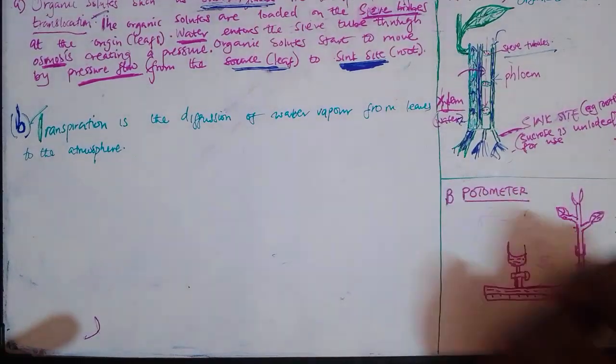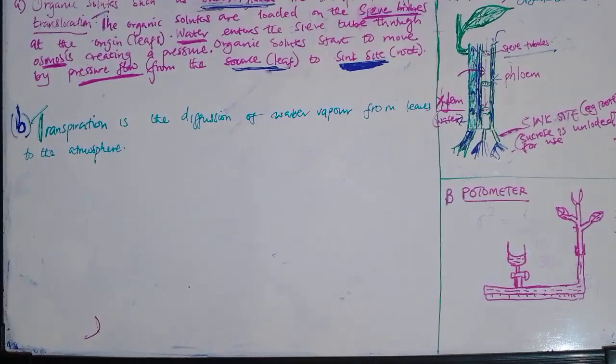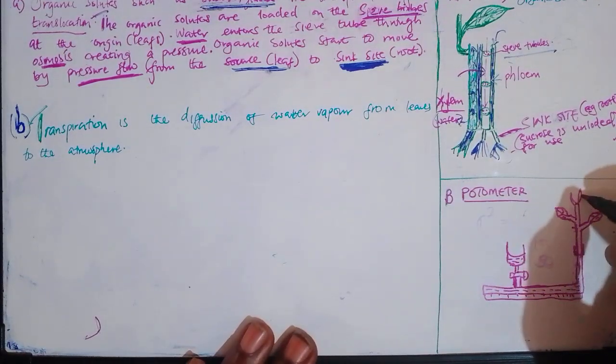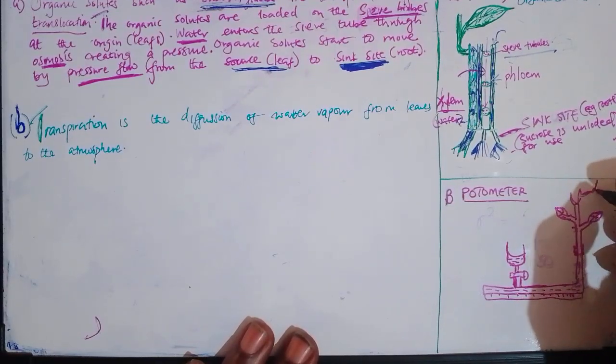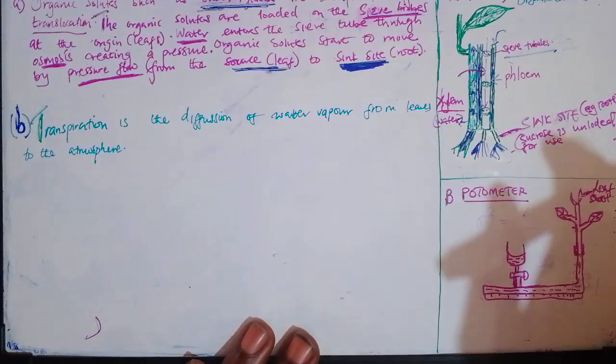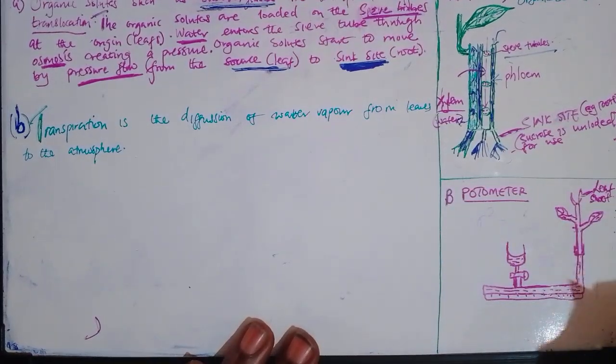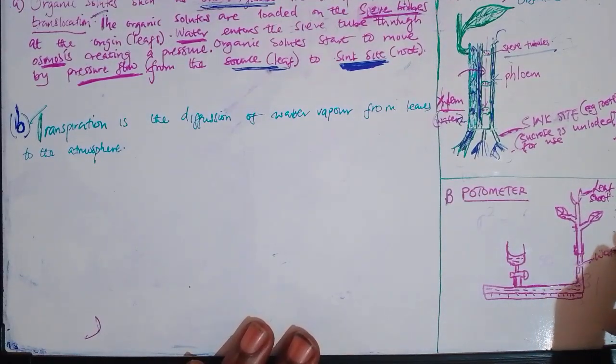So first let me label some parts which you know. So we can see here that we have a leaf. So this is the leaf we want to measure. So this is the leaf shoot. We want to measure the rate of this leaf shoot. Then we have what? Water here. So here we have water.